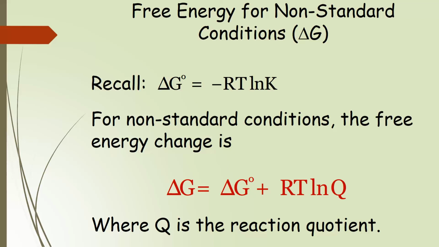If we recall the equation del G naught is equal to minus RT log K, that implies free energy for standard conditions. For non-standard conditions we take the value del G, and for standard conditions we take del G naught. For non-standard conditions, del G is equal to del G naught plus RT log Q, where Q is the reaction quotient.